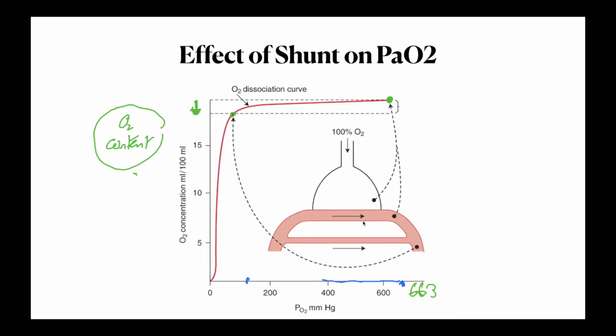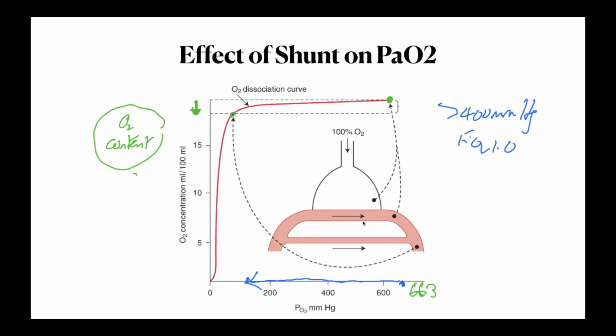And that is a massive change. You've got a change of over 400 millimeters of mercury, on an FiO2 of 1. And this is the effect that shunt has on the partial pressure of oxygen.